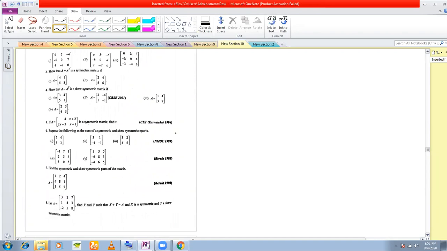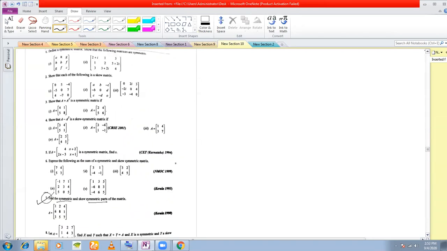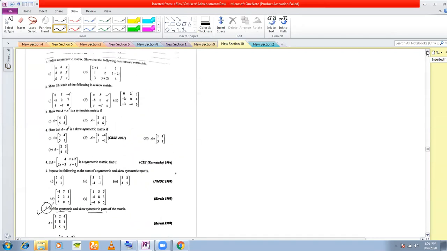This one, number 7. Find the symmetric and skew symmetric parts of the matrix. So you need to find half A plus A transpose and half A minus A transpose. There's not much here. If you can understand how to express this matrix as symmetric and skew symmetric, you can do it.